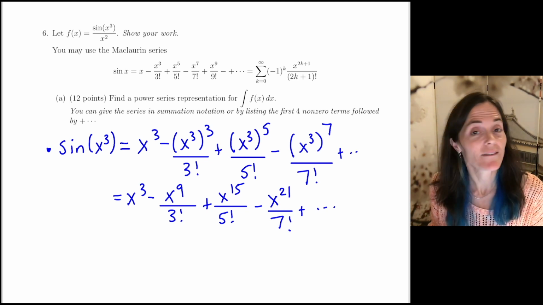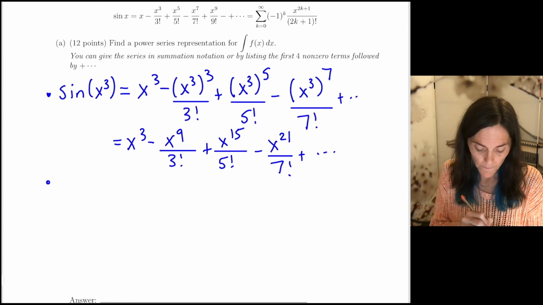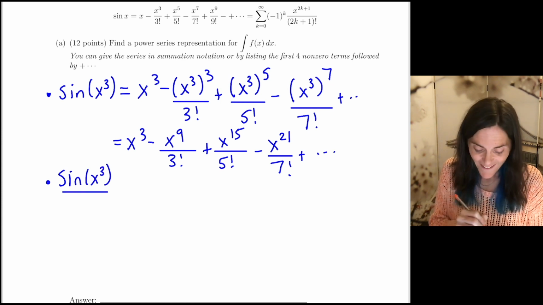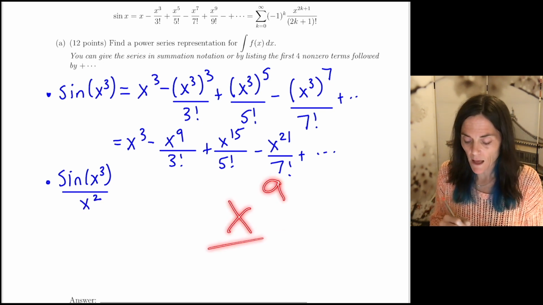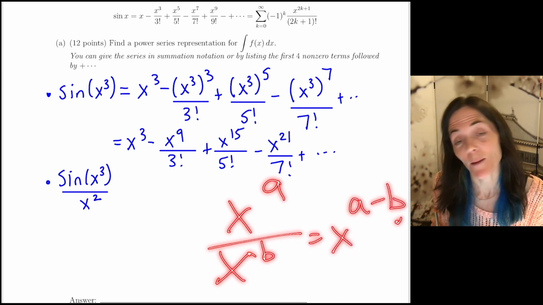Next step, we divide by x squared. And all we need to do is just lower the power on each term by 2, right? I'm using this property of exponents: if you have x to the a over x to the b, it is x to the a minus b.